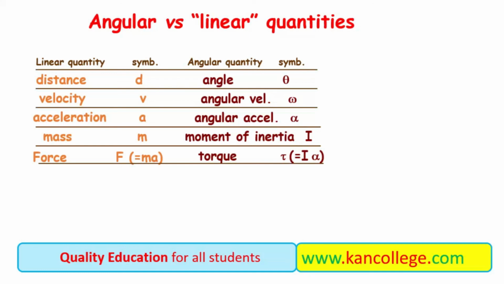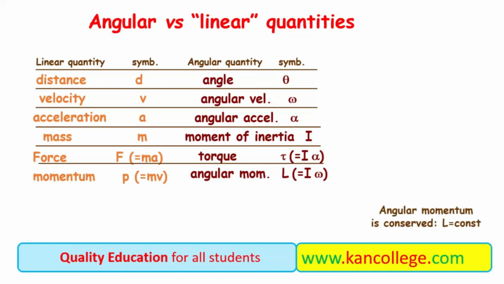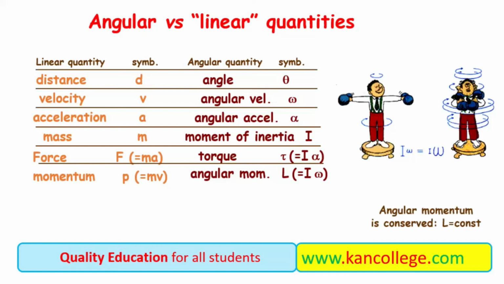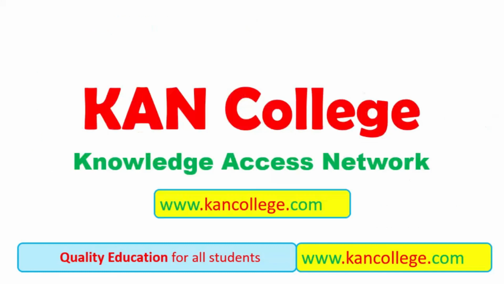And torque is actually R cross F. It means that radius is also involved over here. Similarly, in linear movement, linear momentum is represented by P, but in angular motion, a circular motion, angular momentum is given by R cross P, and it's also given by I omega. And according to the law of conservation of angular momentum, the total angular momentum of a system remains constant.